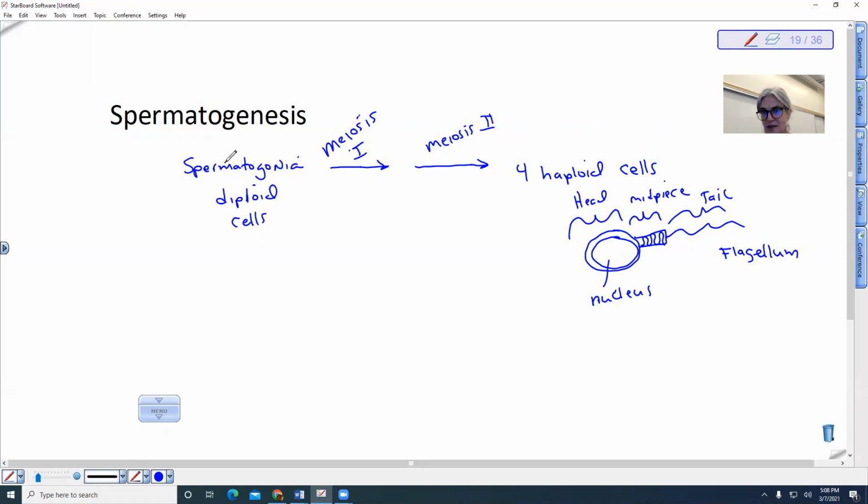So in humans, we have in our diploid cells 23 pairs of chromosomes. So we have 46 total. You get half of your chromosomes from your mother and half of your chromosomes from your father. In the haploid cells, we have 23 total chromosomes.